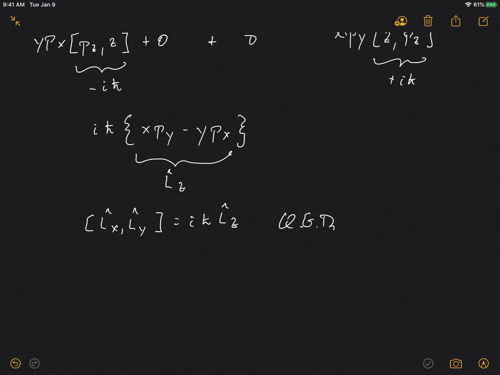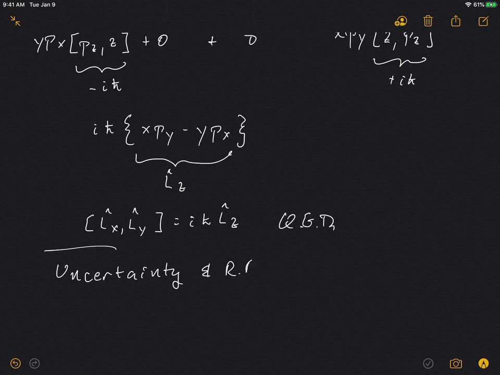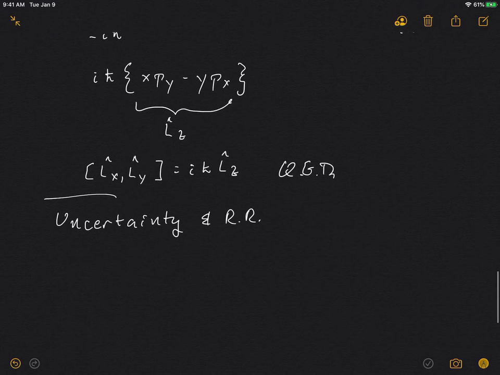Now let's move on to uncertainty in the rigid rotor.